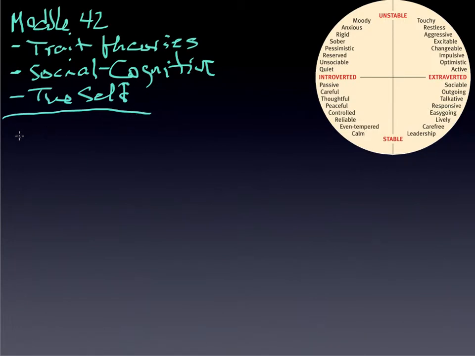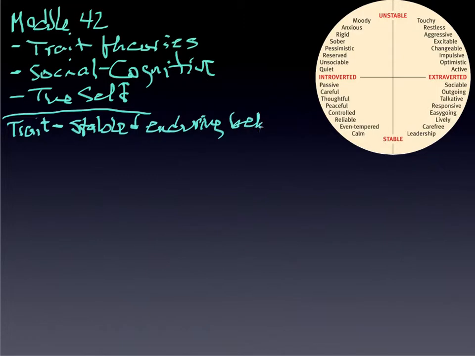So one of the things that I like to do when we begin to tackle a subject is to be very clear first about what our actual terms are. And one of the key terms to understanding trait theories is actually defining what a trait actually is. And trait theorists typically attempt to describe personality in terms of stable and enduring behavior patterns.